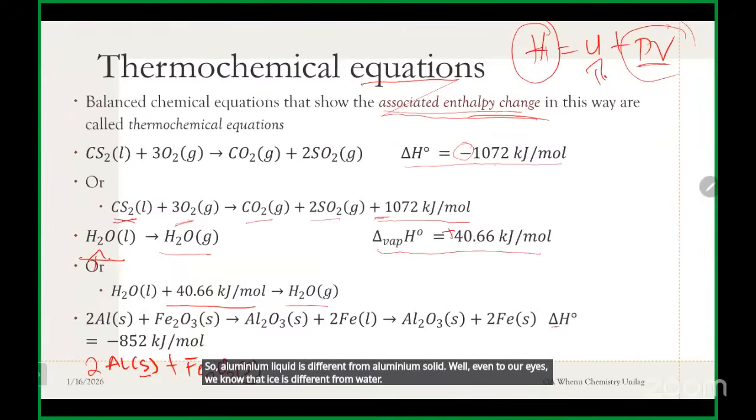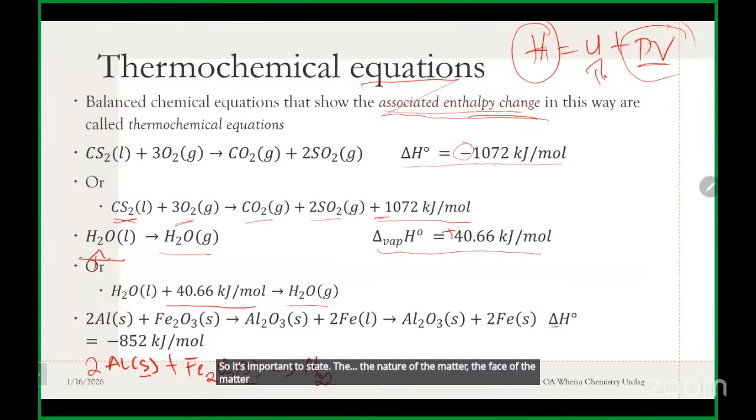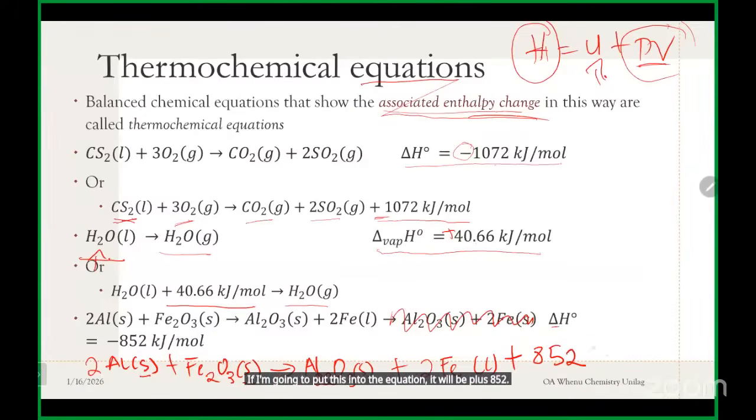So it's important to state the nature of the matter, the phase of the matter. So plus Al2O3 solid, plus 2Fe liquid. So if I'm going to put this into the equation, I will put plus 852 kilojoules per mole.